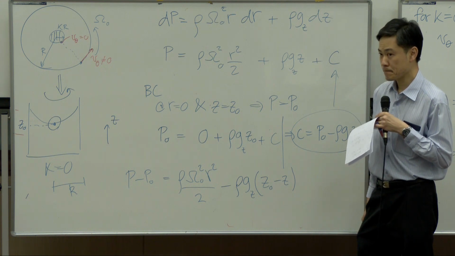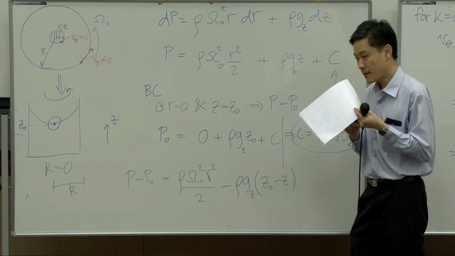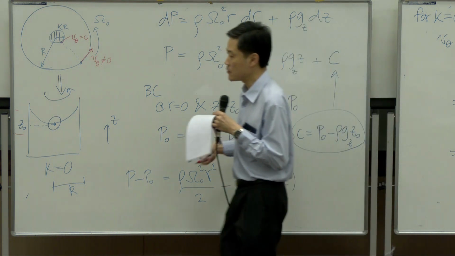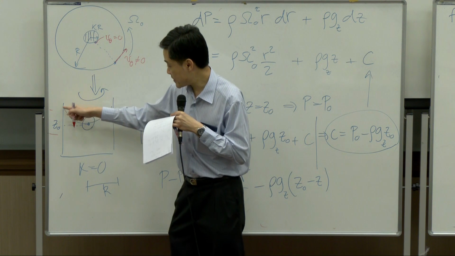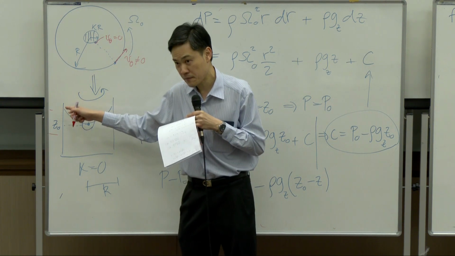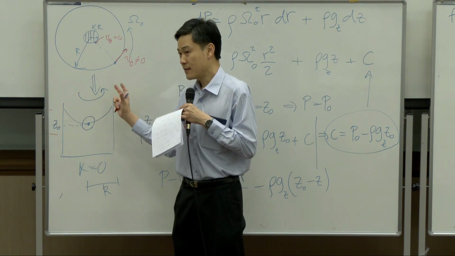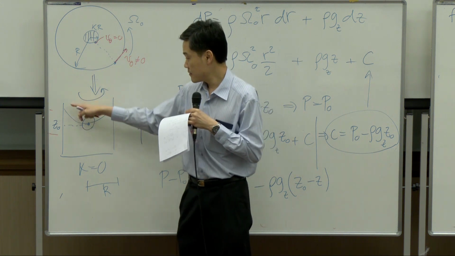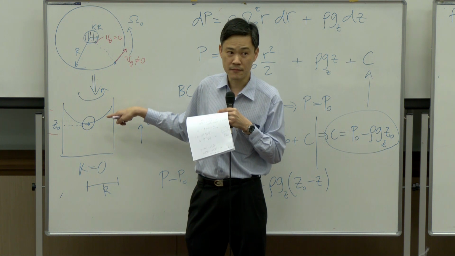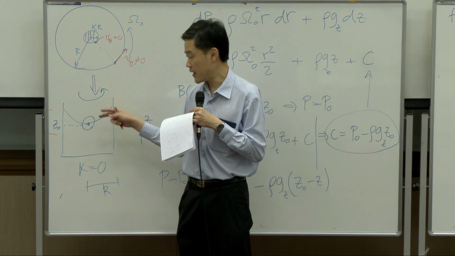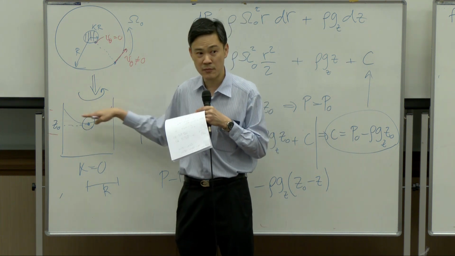Now, if I want to find an equation to represent this curvature, we know that the faster you spin, the more nonlinear this curve becomes. If you spin it slowly, it seems to be linear, seems to be flat.